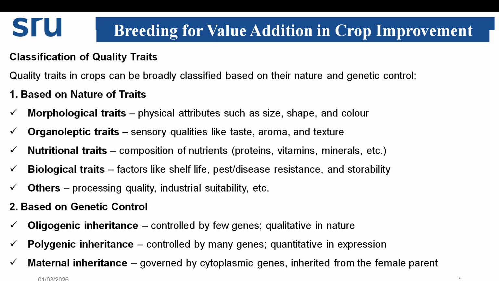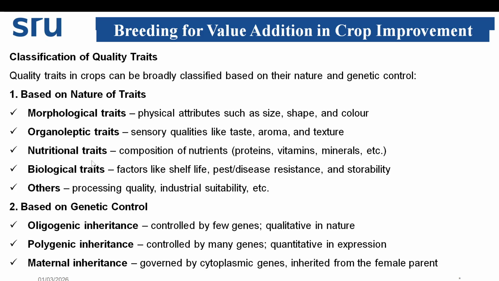Now we will see the classification of the quality traits. So the quality traits in crops can be broadly classified based on their nature and genetic control. So first, based on nature of traits, first is morphological traits, like physical attributes such as seed size, shape, color. Then organoleptic traits, that is sensory qualities like taste, aroma and texture.